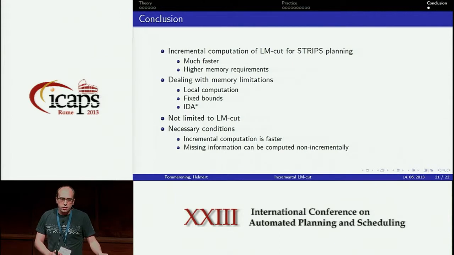The interesting thing about the local incremental computation is that it's not limited to LMCAT. The only necessary condition is that the incremental computation is much faster than the non-incremental computation, and missing information can be computed non-incrementally. So we think there are a lot of possible ways to apply this to other searches.